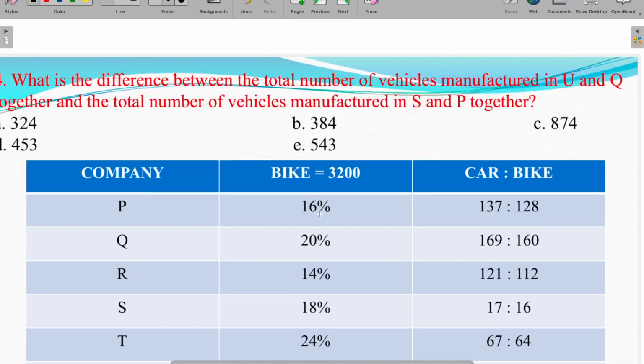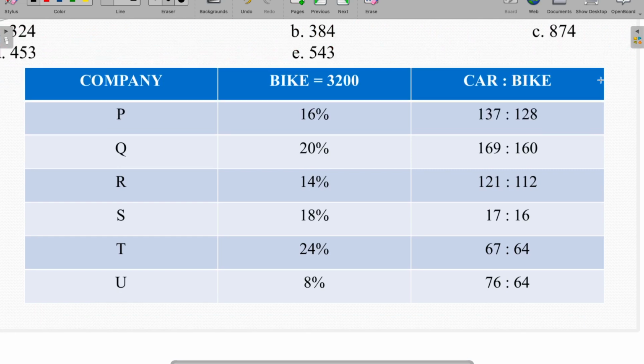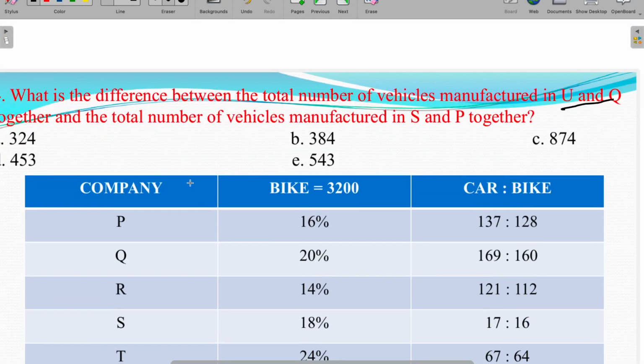So first I have to find the difference between U and Q. If you do this, 64 plus 76, 70 plus 60, 76 and 64 we have to add. If I add U and Q, the question asks for the difference between the total number of vehicles manufactured in U and Q. You can write it anyway.